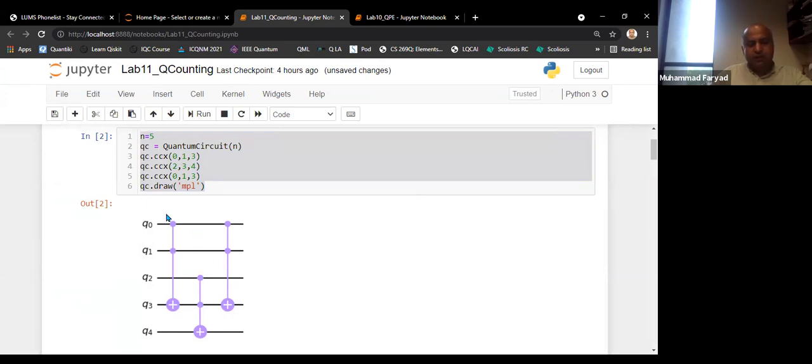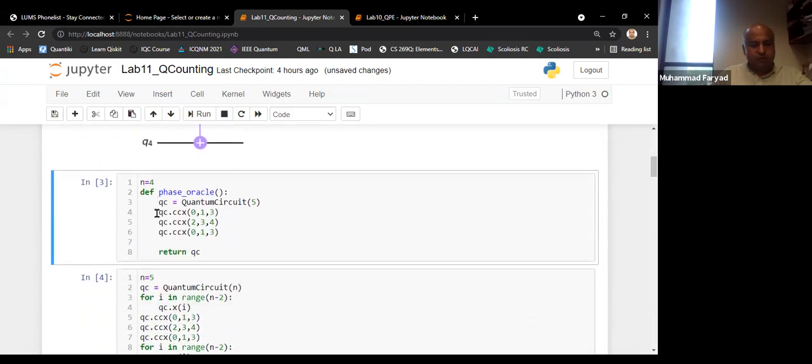We can already see that when Q0, Q1, Q2 are all 1 1 1, the solution will be marked with a minus phase. You see this Q3, I'm just recalling, this was an auxiliary qubit set in the 0 state. And this Q4 is the qubit that we had to set in the minus state, because this is ultimately the one that we will be using.